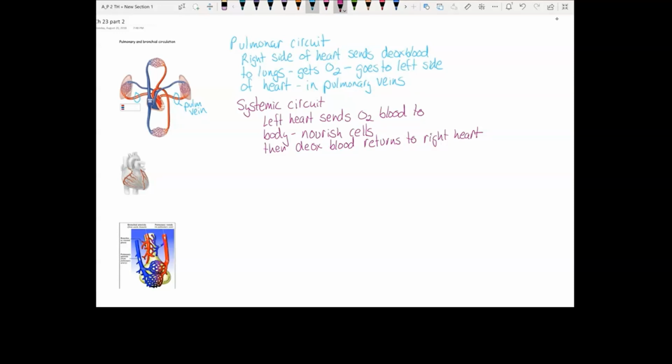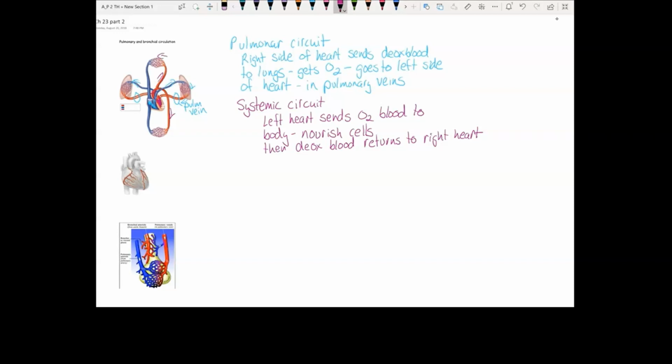So here's the right side of your heart, right here, and it sends the blood up through the pulmonary trunk to the pulmonary arteries, through your lungs where it picks up oxygen, then through the pulmonary veins to the left side of the heart. Then the left side of the heart receives that oxygenated blood. It sends it up to the aorta, which branches into systemic arteries, which we learned in chapter 20.